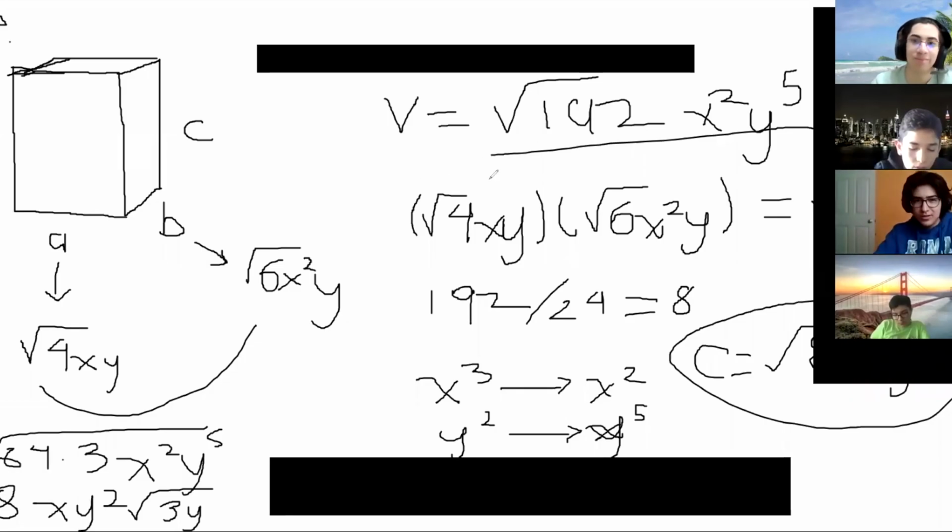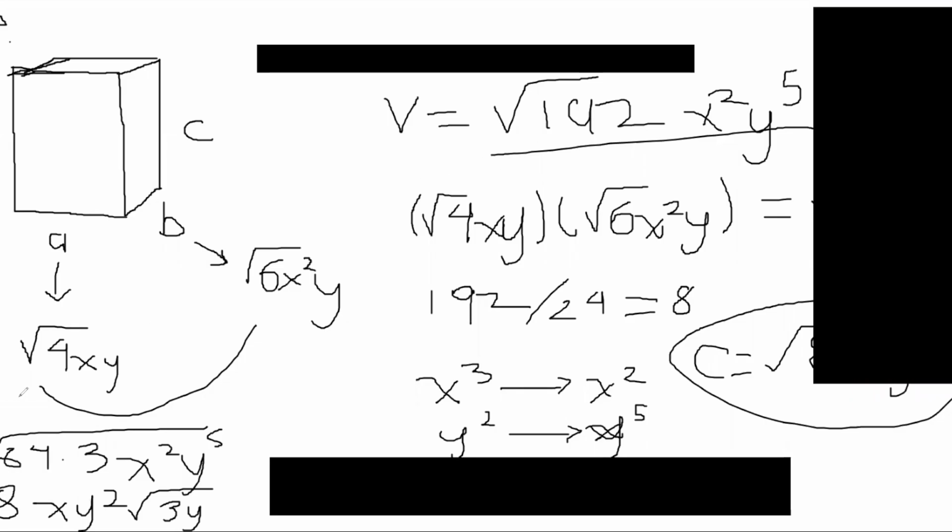So to simplify this answer, we need to find two numbers that multiplied, and one has the square root of 2.